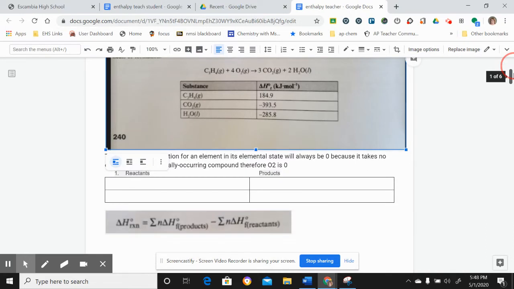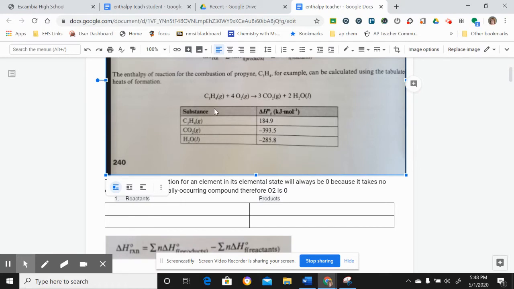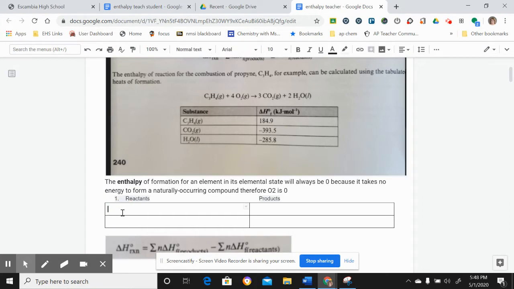So when we look at this here, if I look at my reactant side, I have C3H4. And how many of them do I have? I only have one of them. So I'm going to take 1 times my 184.9.